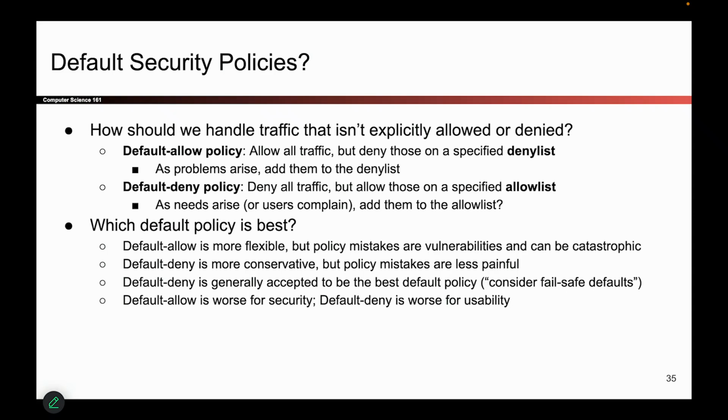And if you default deny, if there's some good website that you missed, for example, a user comes up to you and says, I want to access this website, but your firewall's blocking it, but this website isn't malicious and I want to use it, then you as the operator could go and change the policy and add the user's requested website to the allow list. So those are your two possible approaches.